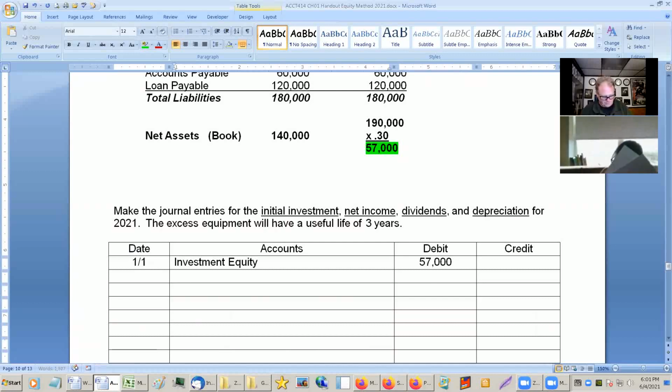Okay, so that's easy. And then dividends are 30,000. So when we do the dividends on 12/31, that would be, let's see, cash would be debited and investment equity would be credited.